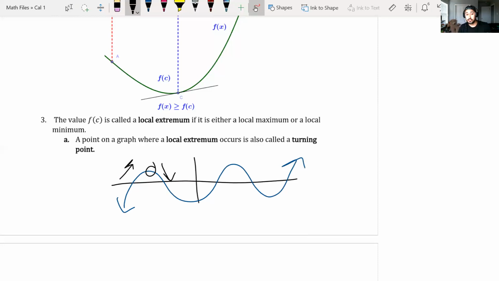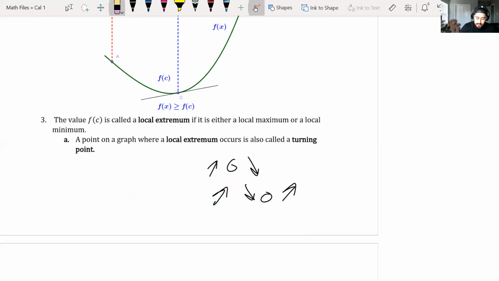Same thing here, that would be a local minimum because we are decreasing and then we increase. And then another local max: increase, decrease. Local min: decrease, increase. So maximums and minimums can also be considered turning points. Okay, there you go. So that's local maximums and local minimums.